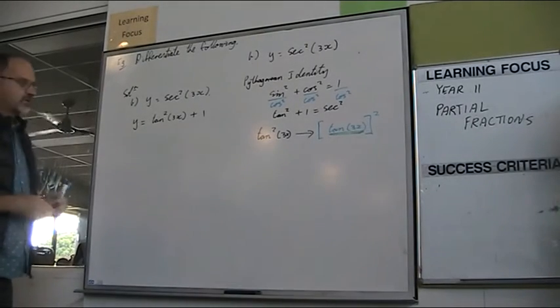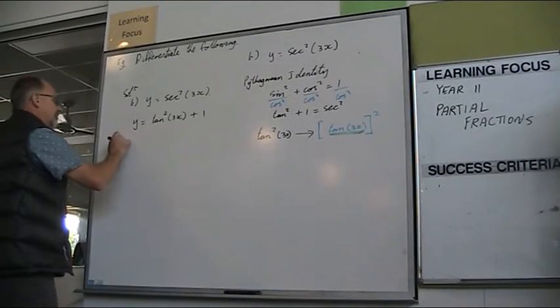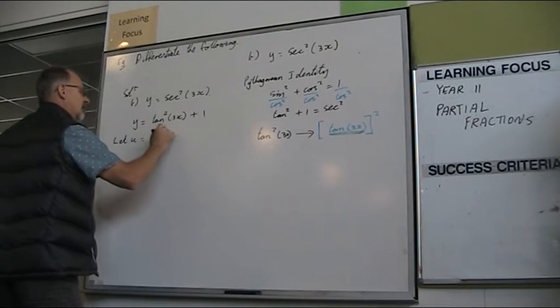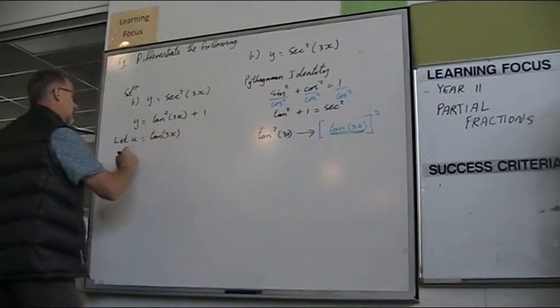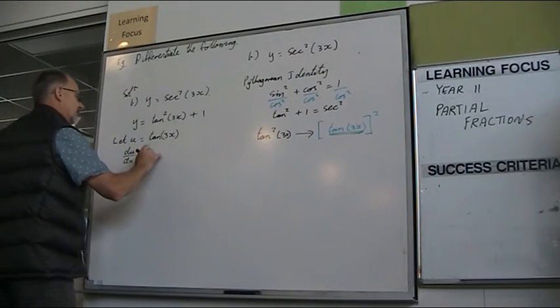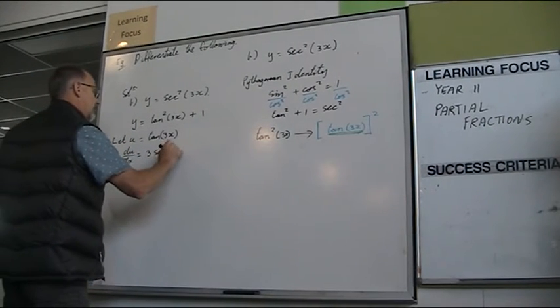So what we're going to do is let u equal tan 3x. And so du/dx is 3 sec squared 3x.